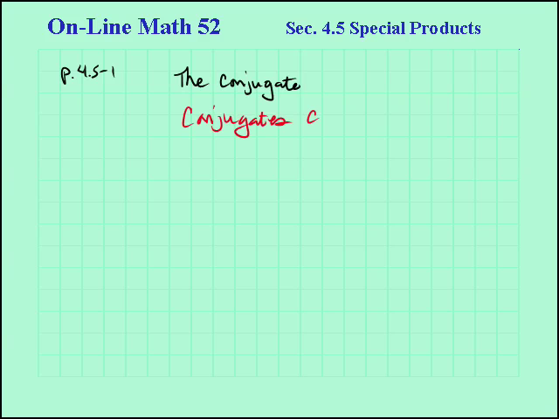Pairs of binomials. And they look almost exactly the same. But there's one thing that's different, and that is the sign between the terms in a binomial.